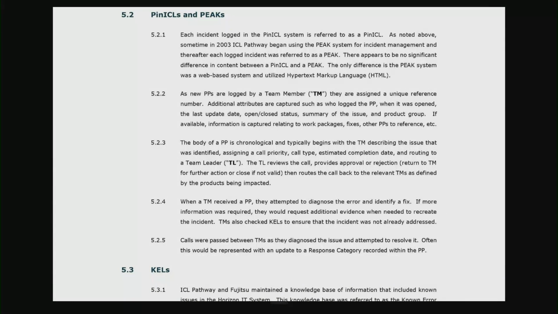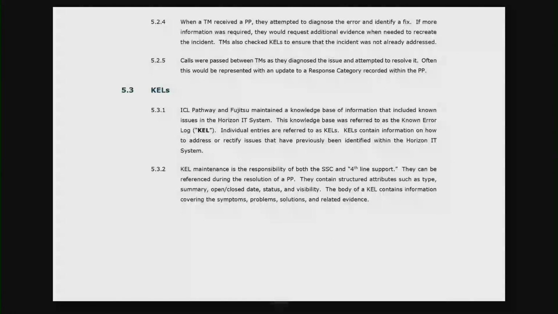Can we deal with KELs, please? Separately, ICL Pathway and Fujitsu maintained a knowledge base of information that included known issues in the IT system. Is that right? Yes. And that knowledge base was known as the known error log, or KEL. Yes. An individual entry is referred to as a KEL.